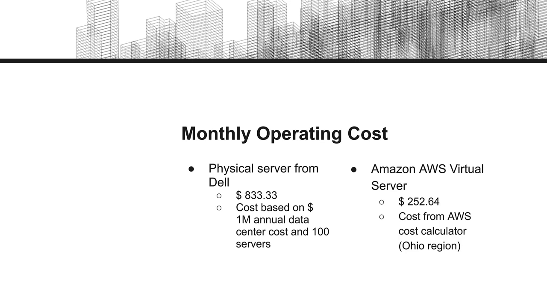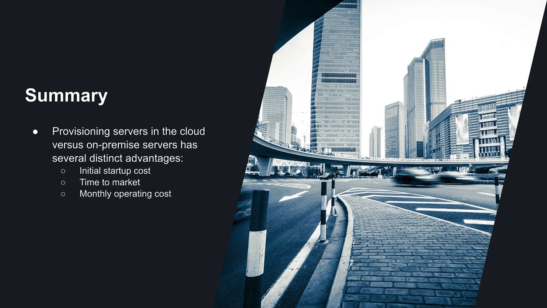So let's go ahead and wrap this lesson up and look at the three major aspects that we looked at in terms of the difference between having a physical server and a virtual server. In summary, we looked at how you would provision a server in the cloud and what that cost would look like and the timeline versus an on-premise server. And you really do have several advantages.